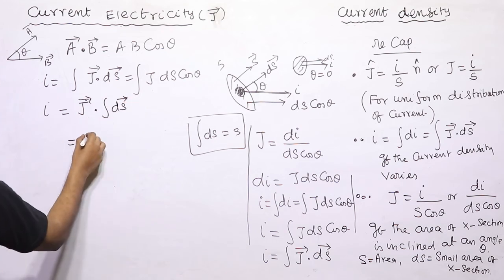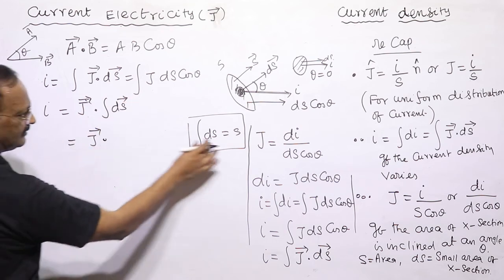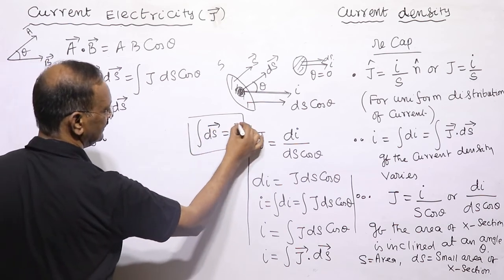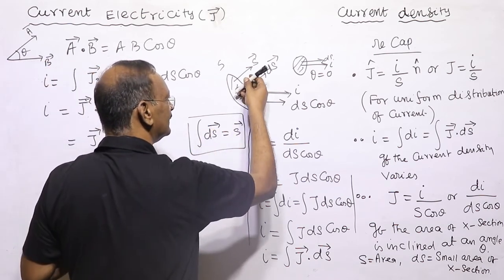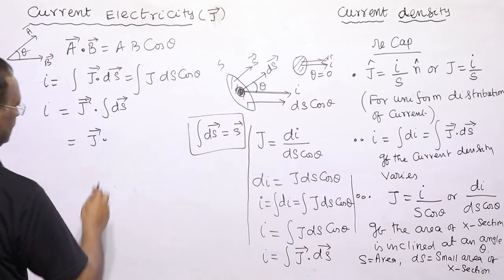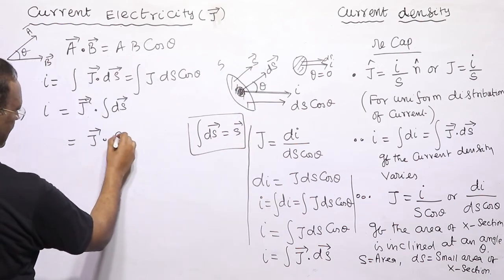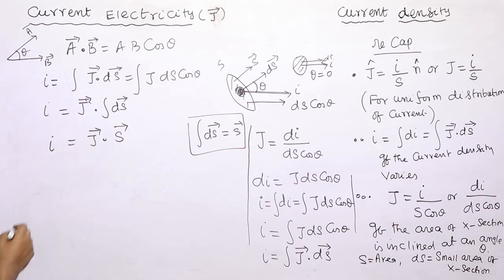The integration of ds vector is equal to S vector, because ds vector means the area vector, and this is the total area and total area vector. So this is j dot S vector, and current is equal to j dot S.